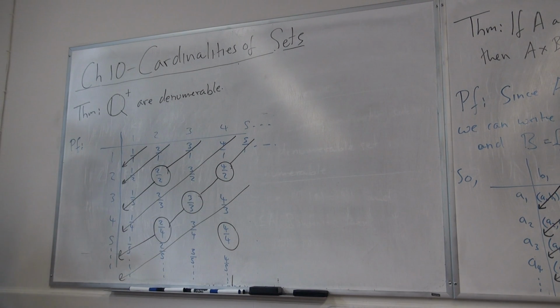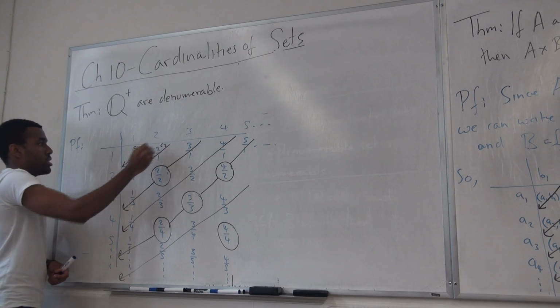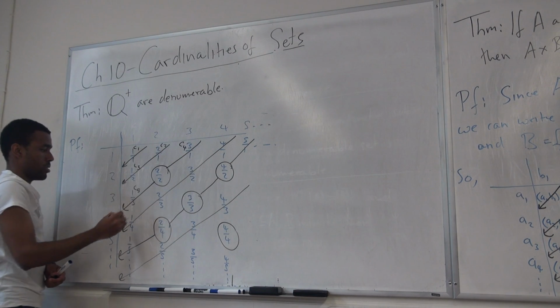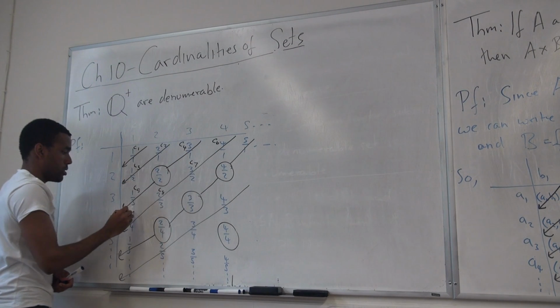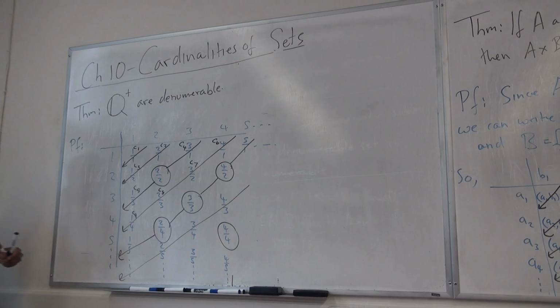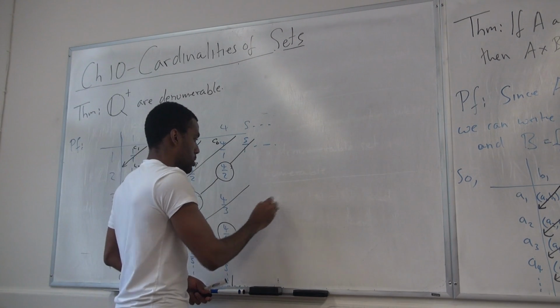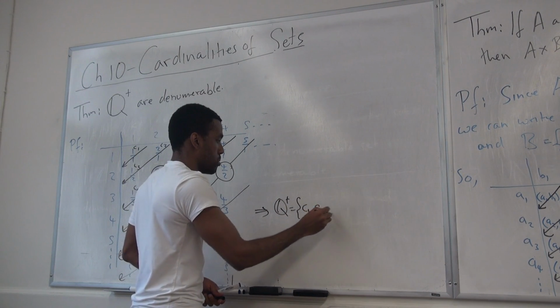So you can sort of list the elements now. So this guy you can call C1. That's your C2, your C3, your C4, your C5, your C6, your C7, your C8, your C9. And you can literally count them off. So here, this means your Q plus is just this set, C1, C2.